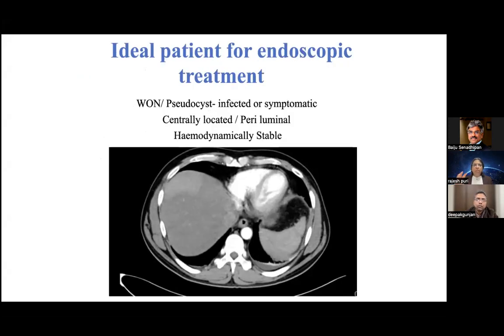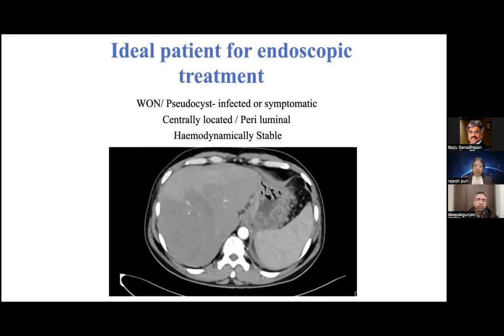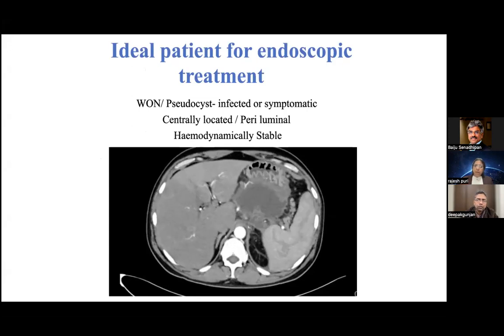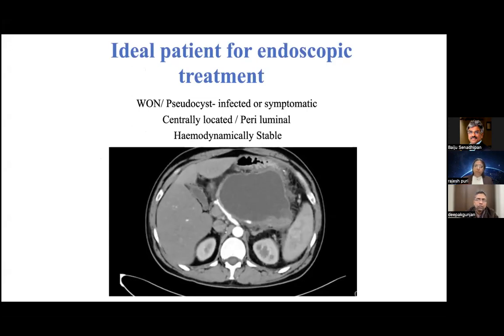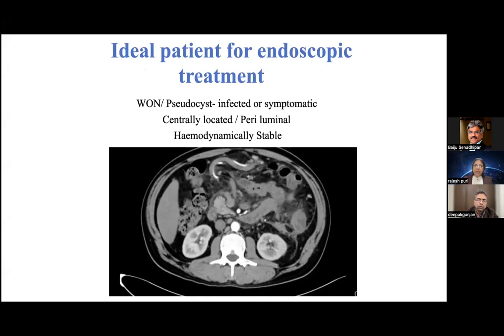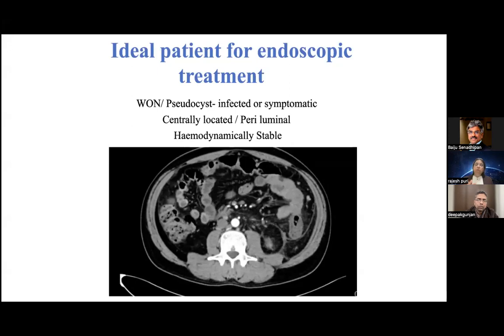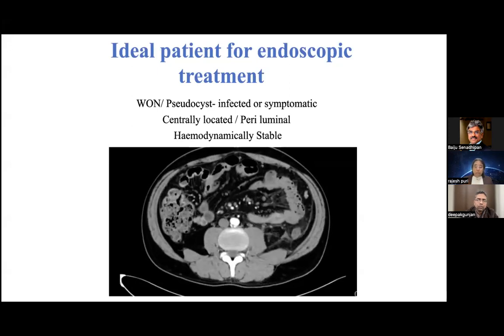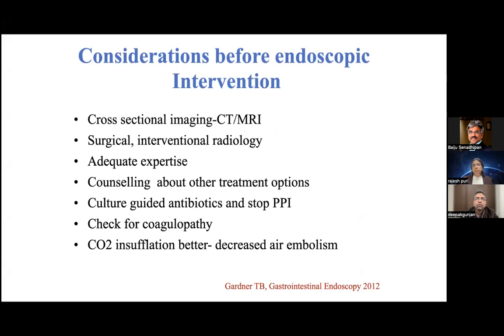Who is the ideal patient for endoscopy? A walled-off necrosis or a pseudocyst which is centrally located and periluminal, perigastric, situated in the lesser sac, and the patient should be hemodynamically stable. If the patient is unstable, it is better to do a percutaneous drainage rather than endoscopic, because the patient may have more complications.